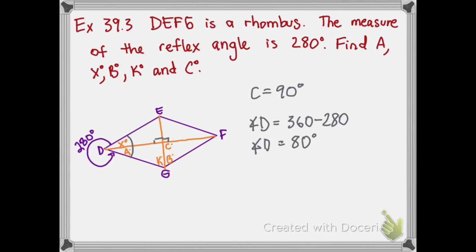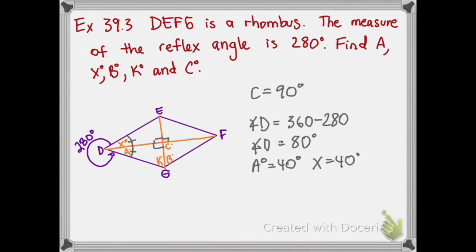But 80 is divided by a diagonal into two equal parts. So A equals 40 and X equals 40.